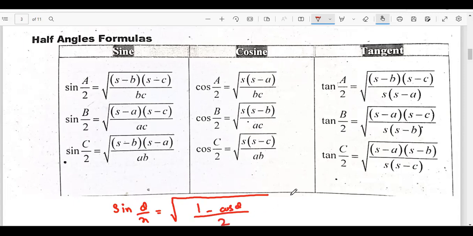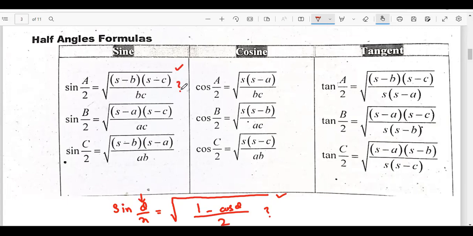Now, Ahmed and Saad, this form and this form are equivalent. Both of them are giving you information about the half angle. The only thing is you need to decide for which situation you need to use this one, and for which situation you need to use the other one, because this decision would vary from question to question.